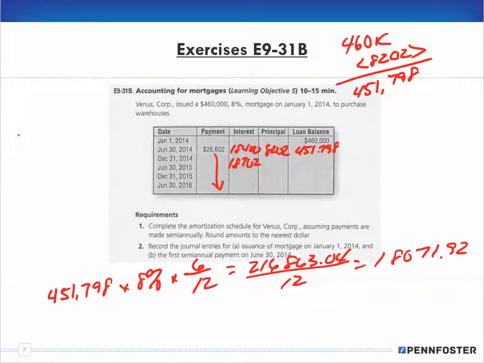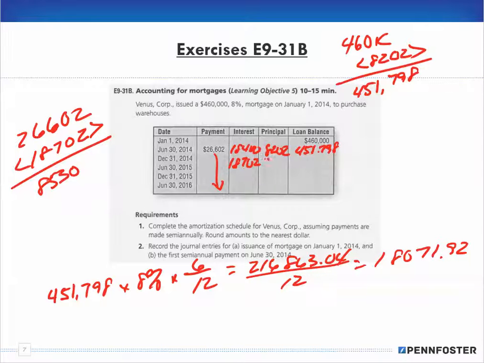Right. So if we take our payment of 26,602 and we subtract 18,702, we end up with the amount that goes to principal, which is 8530.